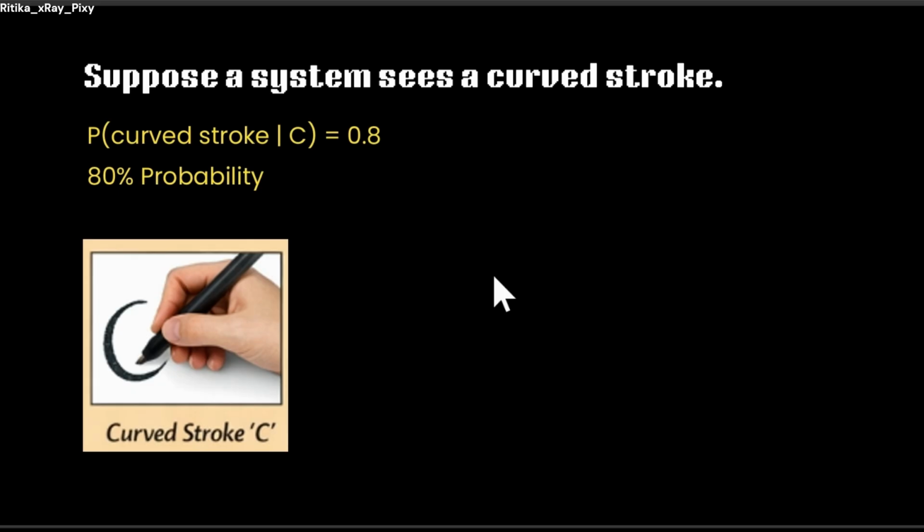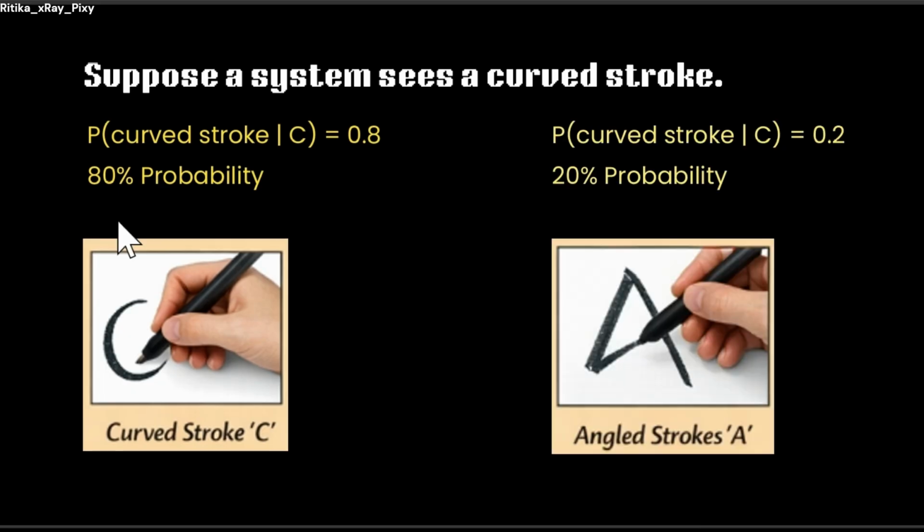From the training data, the probability that this curved stroke is C is 0.8, that is 80%, and the probability that the curved stroke is A is 0.2, that is 20%. As you can see, 0.8 is greater than 0.2.